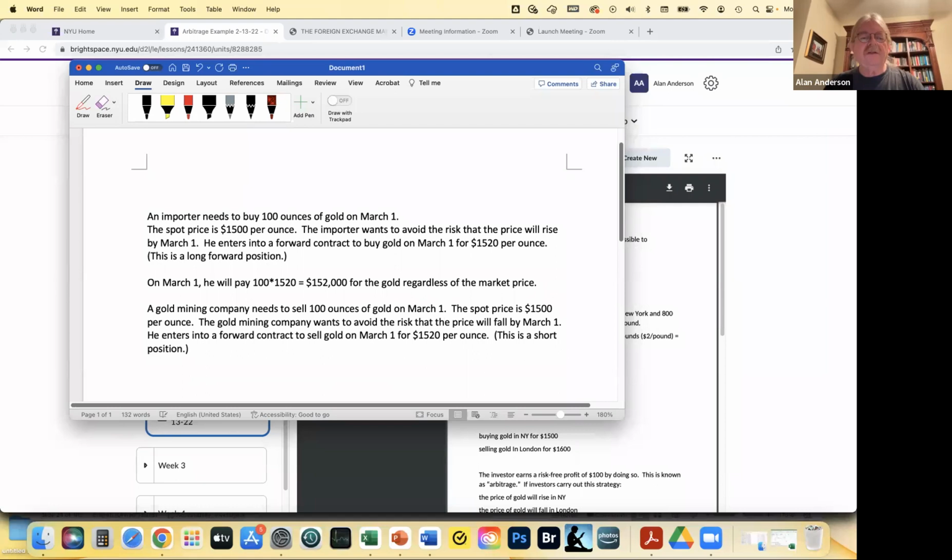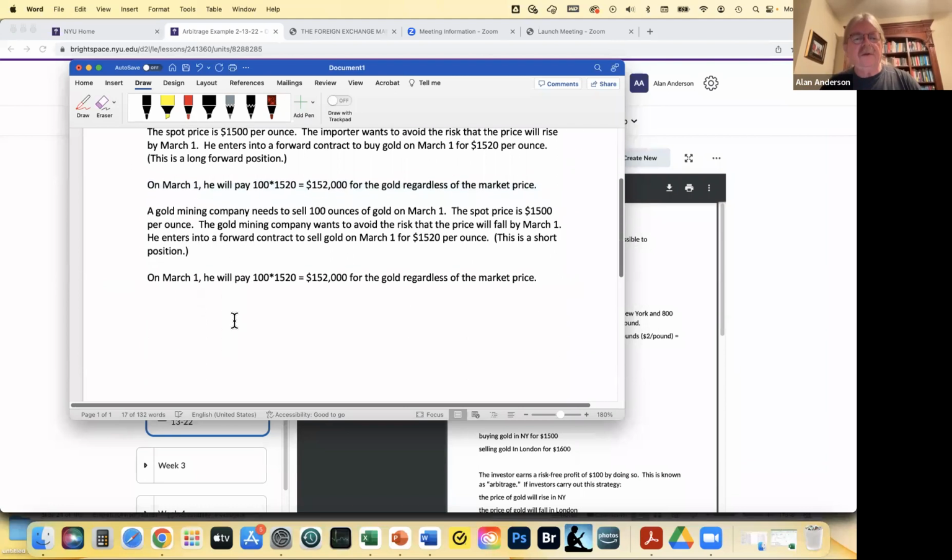And then on March 1st, this one I can just copy, except that he'll collect. He's the seller. So he will sell and receive $152,000. In fact, these two could be the counterparties. Well, actually, I shouldn't say that. Usually at least one of the counterparties is a financial institution, but in principle, any two counterparties that can agree on something can get together and enter into a contract.